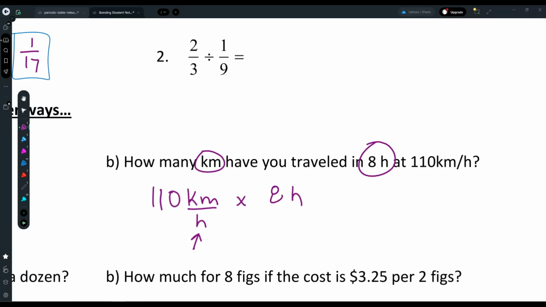We were given a time, 8 hours, so the hours cancel out. 110 multiplied by 8 is going to be 880 kilometers.